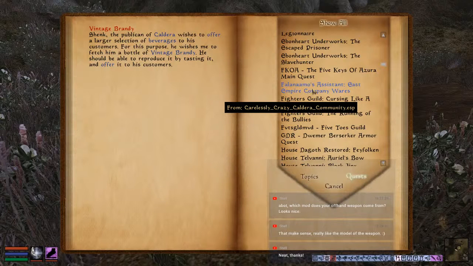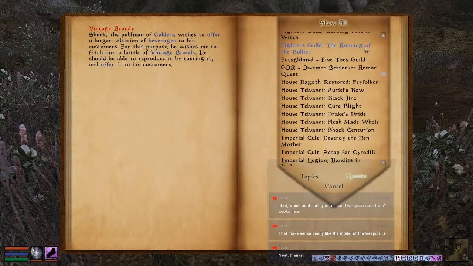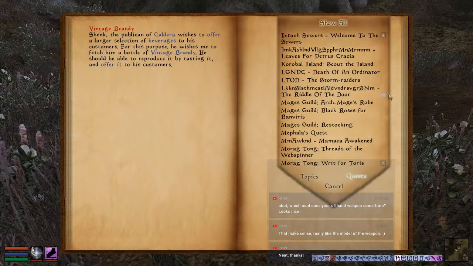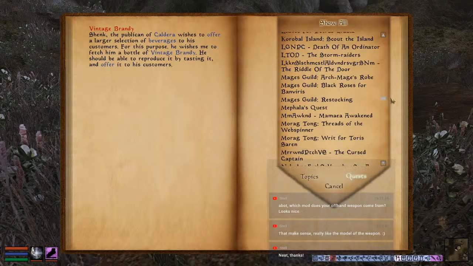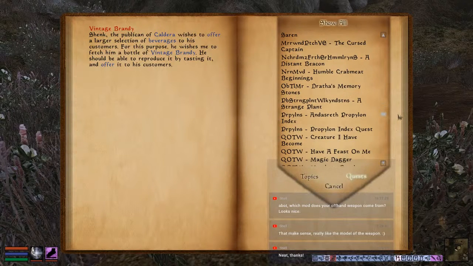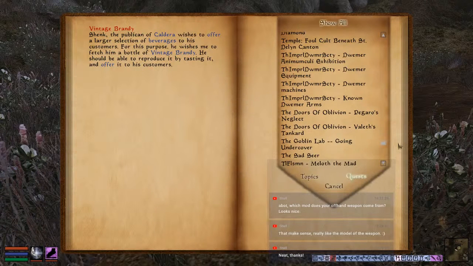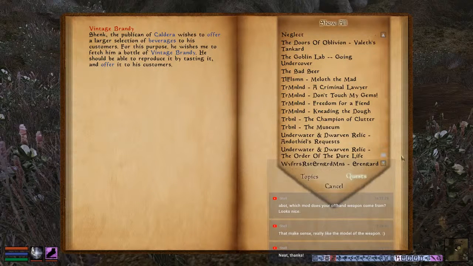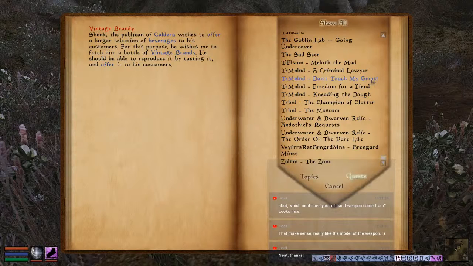And so this is another quest from the same mod. And so we have a couple of quests already. But I think there are no more quests from that mod. Yeah. Okay, so let's see.